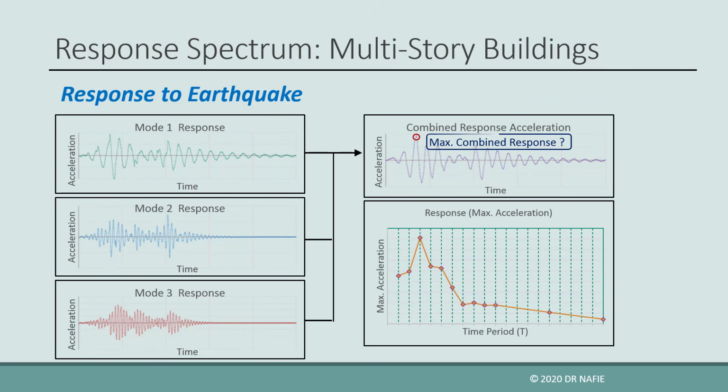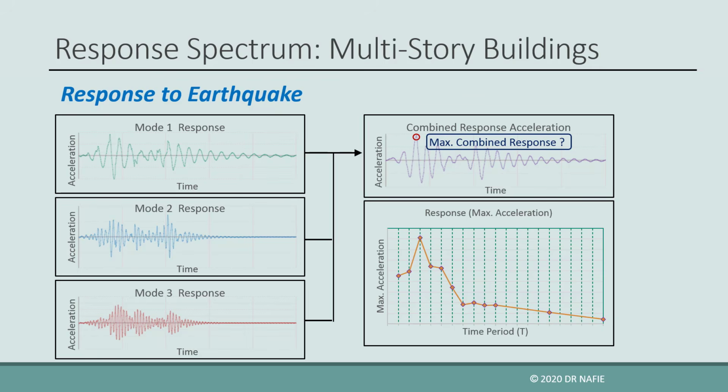As explained in detail in a previous lecture, the response spectrum curve gives you the maximum expected response of the building to a certain earthquake based on the natural time period of the building. This maximum response is called the spectral acceleration. However, because the building is multi-degrees of freedom, it has more than one natural period.